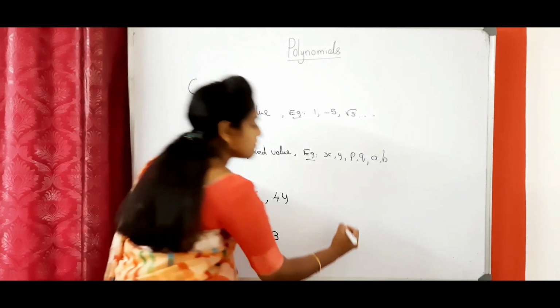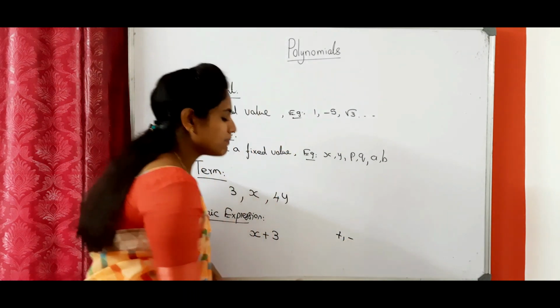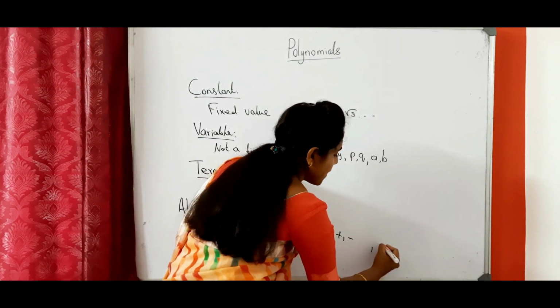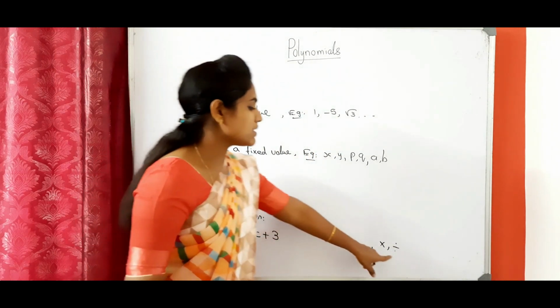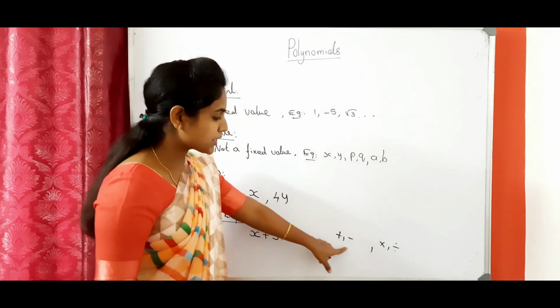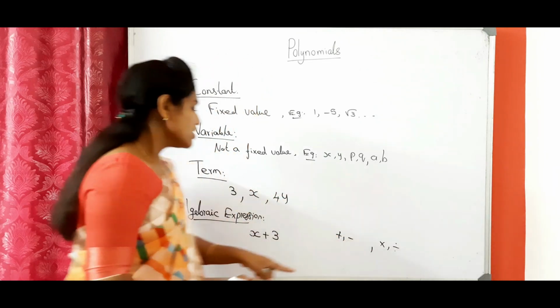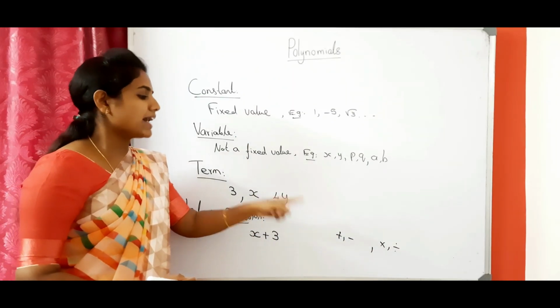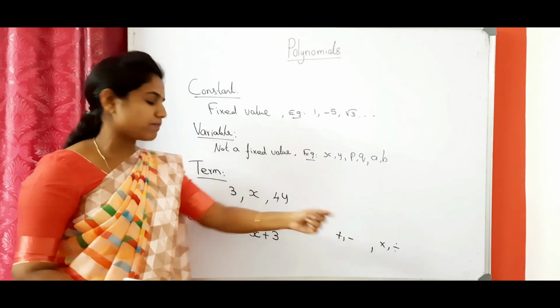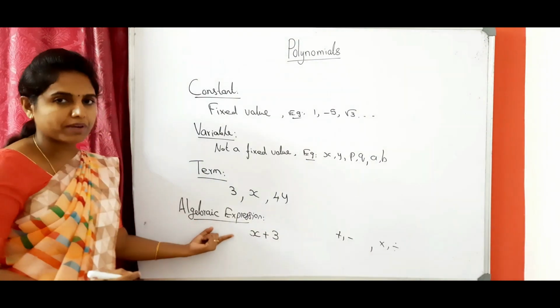What are the additive symbols? Plus and minus. What are the multiplicative symbols? Multiplication and division. So two or more than two terms connected by an additive or multiplicative symbol, then we can say that is an algebraic expression.